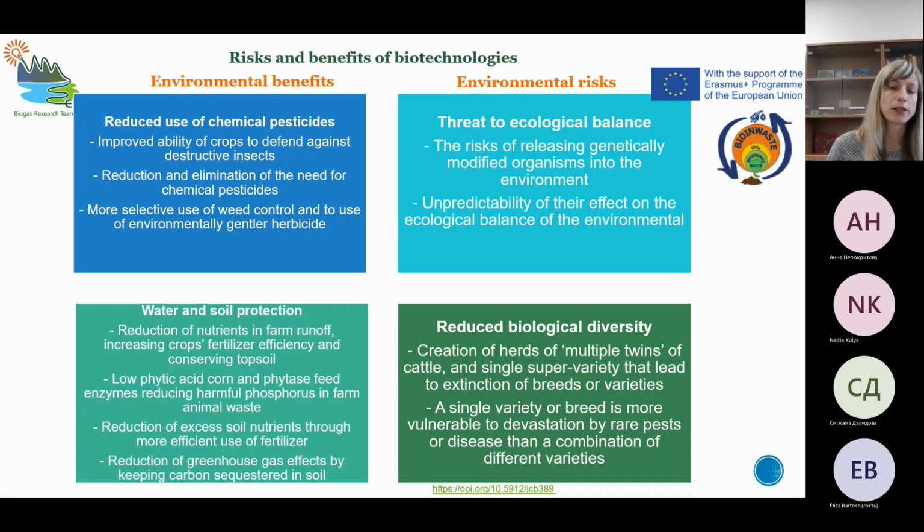Environmental benefits. Reduce the use of different chemicals. For example, in agriculture, different types of pesticides. We can reduce the use of chemicals, especially the most harmful ones, and reduce doses of these chemicals. Of course, we can involve biotechnology in water and soil protection.